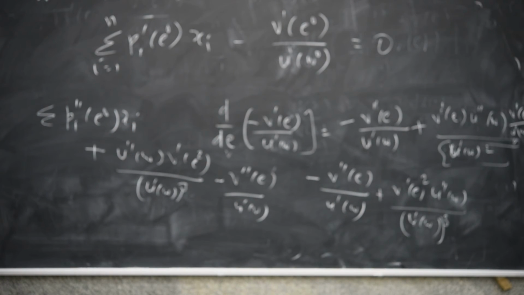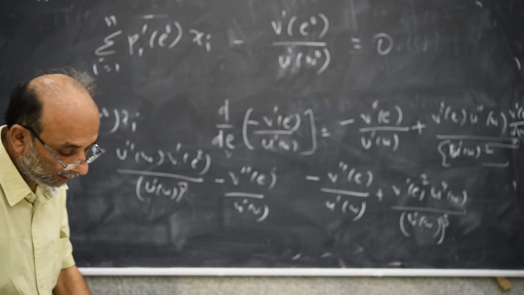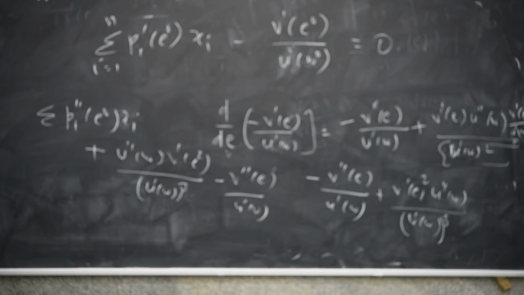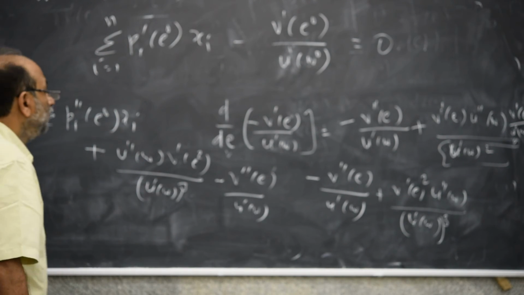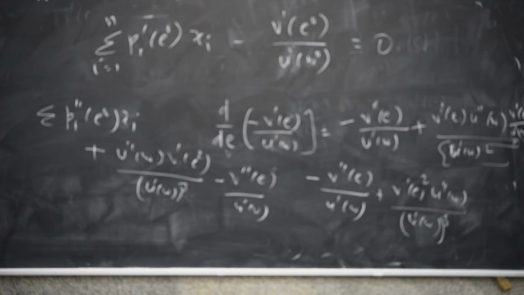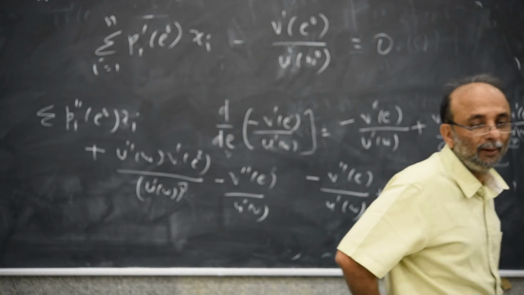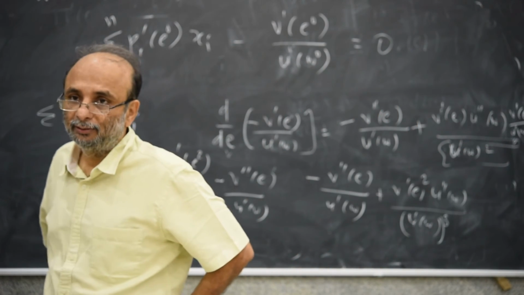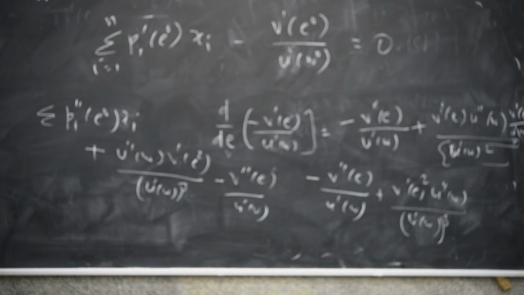Okay, right. Now mind you, what is V double dash of E, negative or positive? Positive, because V double dash of E is the increase in the disutility with respect to effort. And we said that as you put in more effort, disutility increases at a faster rate.